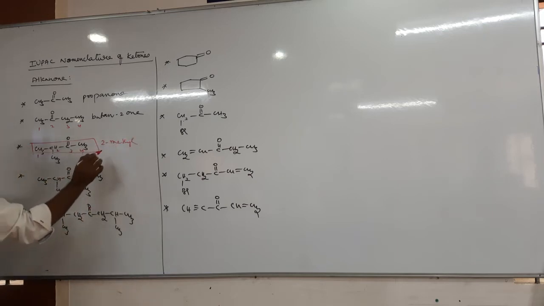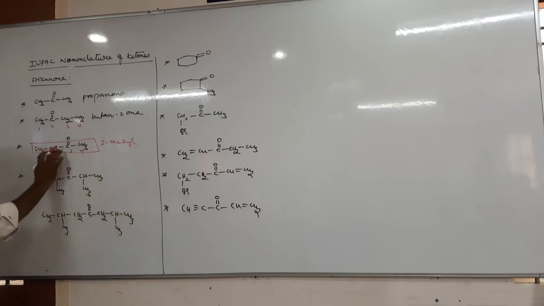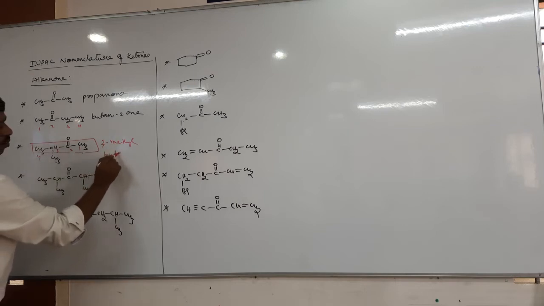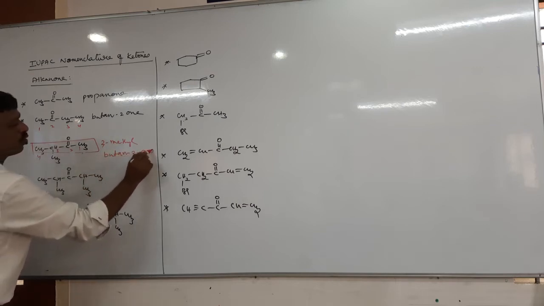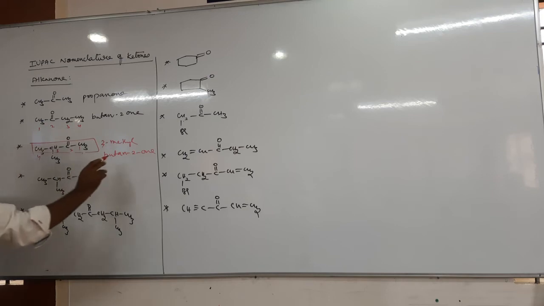No, one second. But here the functional group has priority, no? 1, 2, 3, 4. It is 3-methylbutan-2-one. Again, butane, it should not be ANE, just AN: butane 2-one.